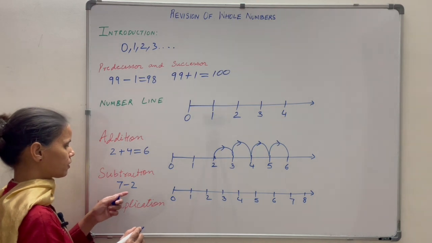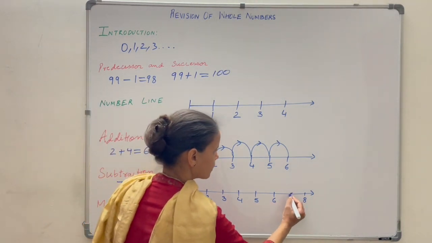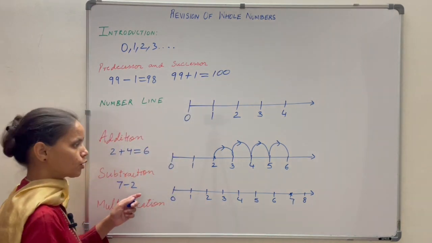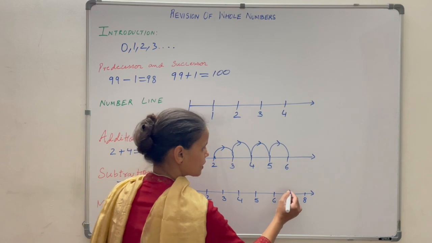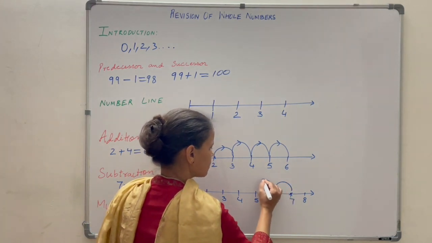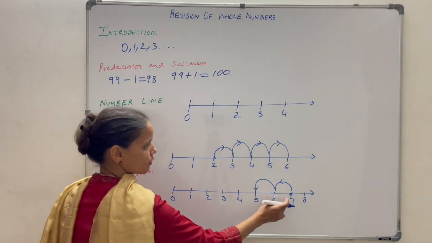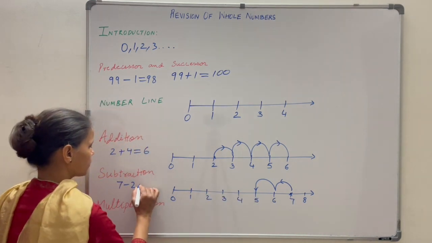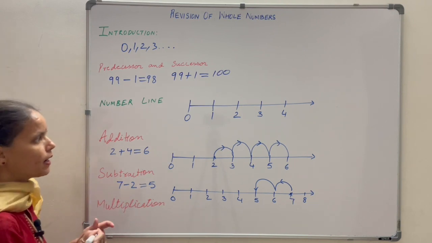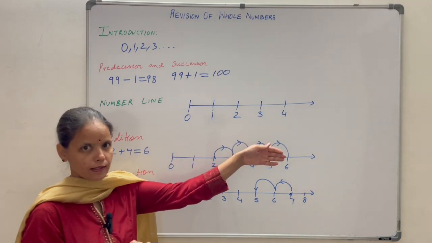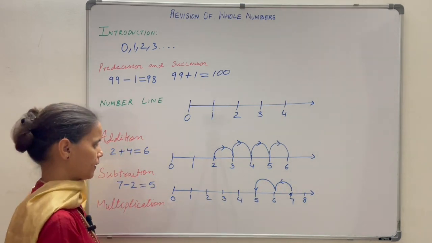To find 7 minus 2, you first need to locate 7. Minus 2, you are subtracting 2, so you will move to the left side. So 1, 2. Where do you reach? 5. So you have reduced 2. The answer is 7 minus 2 is 5. To add, you move in the right direction. To subtract, you move towards the left.